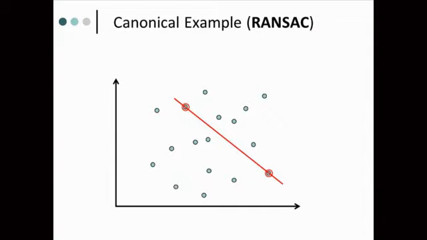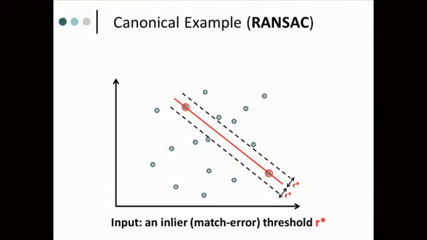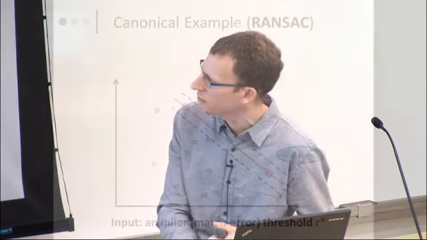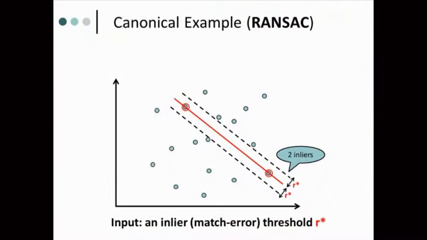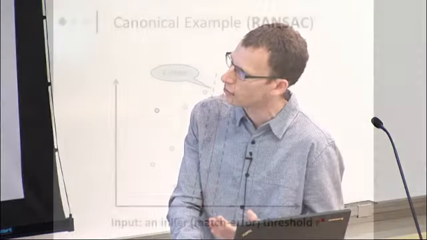And how does it do that? It's given an inlier threshold, which we mark by R star, and it counts the number of points within that amount of error. Okay, so this is not a very successful choice. It gives only 2 inliers. But repeating this process, you can get better and better lines, like 4 inliers here.